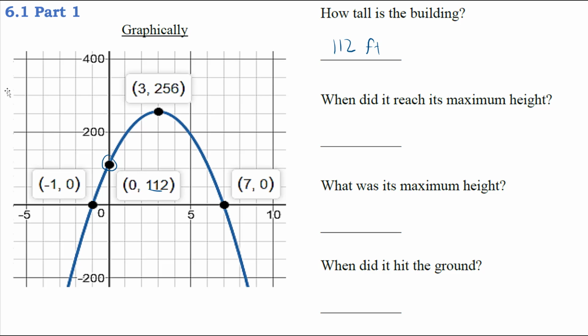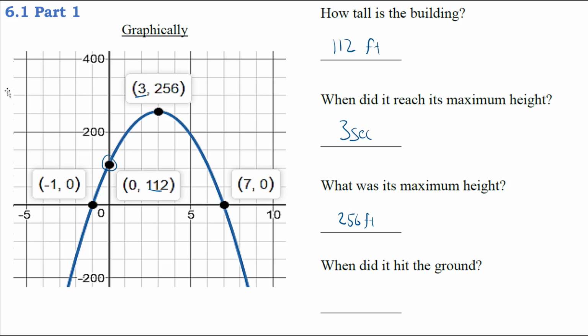According to our calculations, and according to this graph even, it reached it at 3 seconds. And then what is its maximum height? At that 3 seconds, we saw it reach 256 feet.